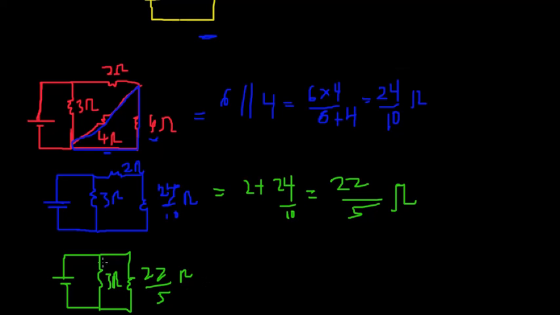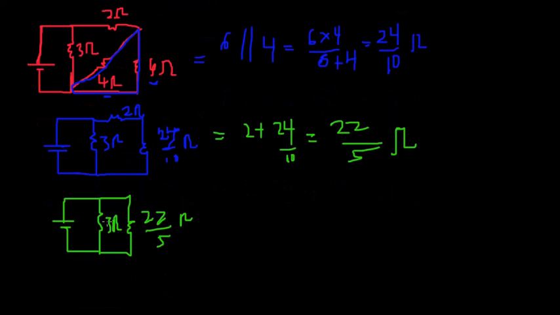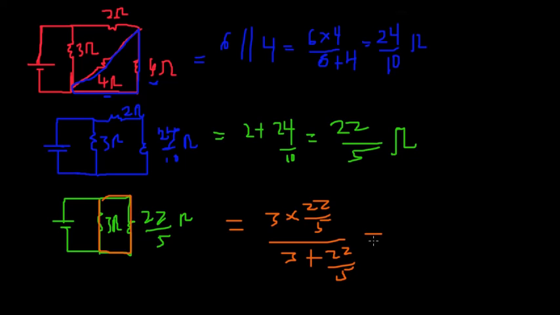So from here you could notice that most definitely this is in what? Parallel, okay? Because once we traverse through this, there is no other element. So we have what? 3 multiplied by 22 on 5, divided by 3 plus 22 on 5.